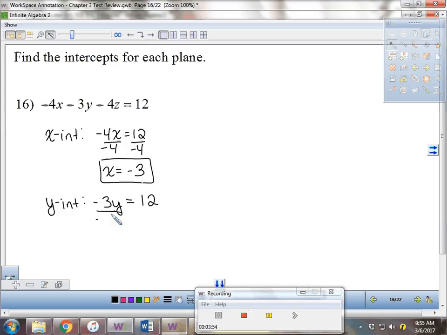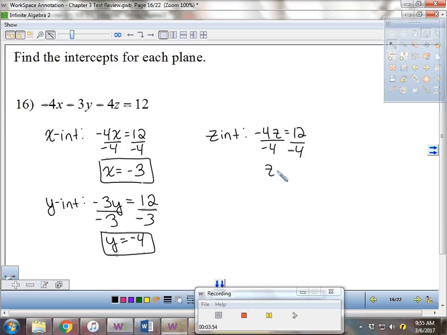Divide by -3, and y is -4. And for the z-intercept, I've got -4z equals 12. Divide by -4, and z is -3.